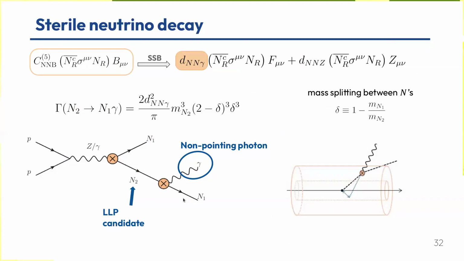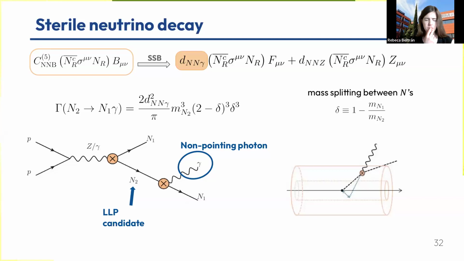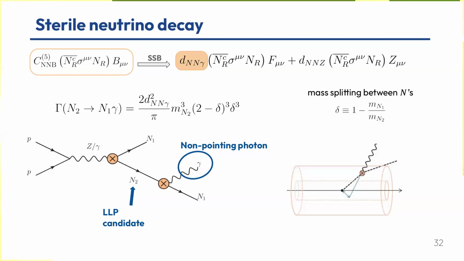So my question is, it seems that all the studies or the searches for this type of signals are below, let's say, 100 GeV for the heavy neutral leptons. What about heavier masses, above 100 GeV, for instance? Is it possible to search for those type of signals, with non-pointing photons?